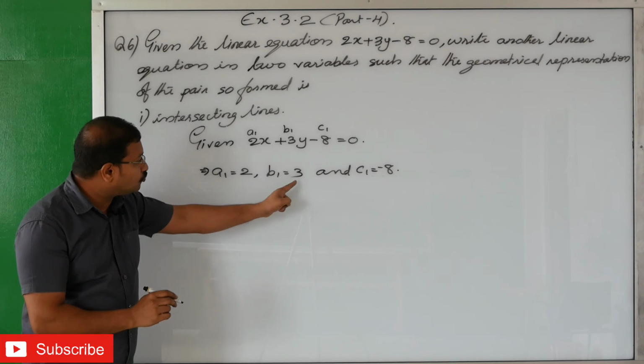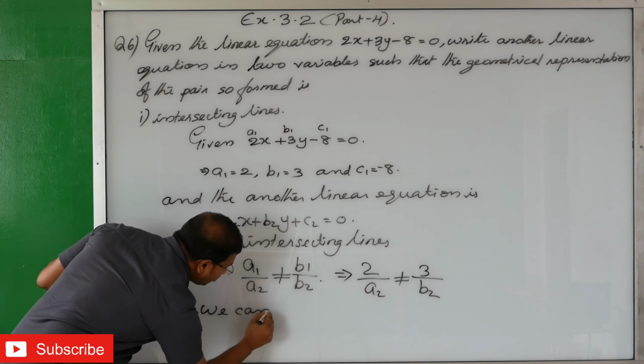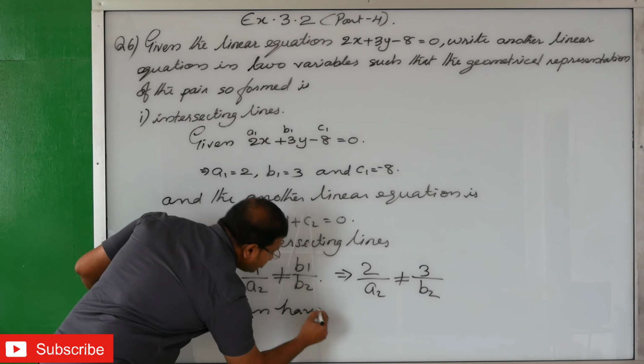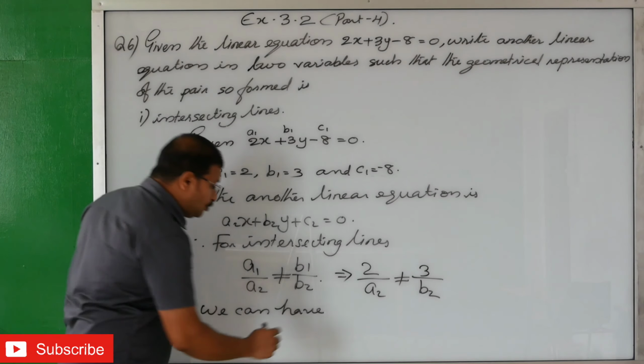What is that? 2. 2 by A2 not equal to B1, B1 is 3, 3 by B2. Therefore, we can have A2 equals 3 and B2 equals 2.